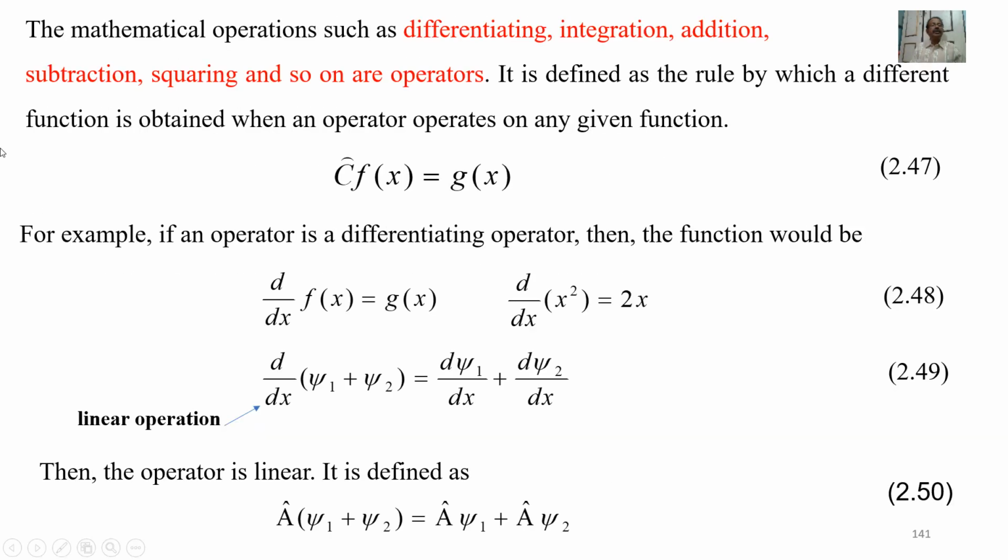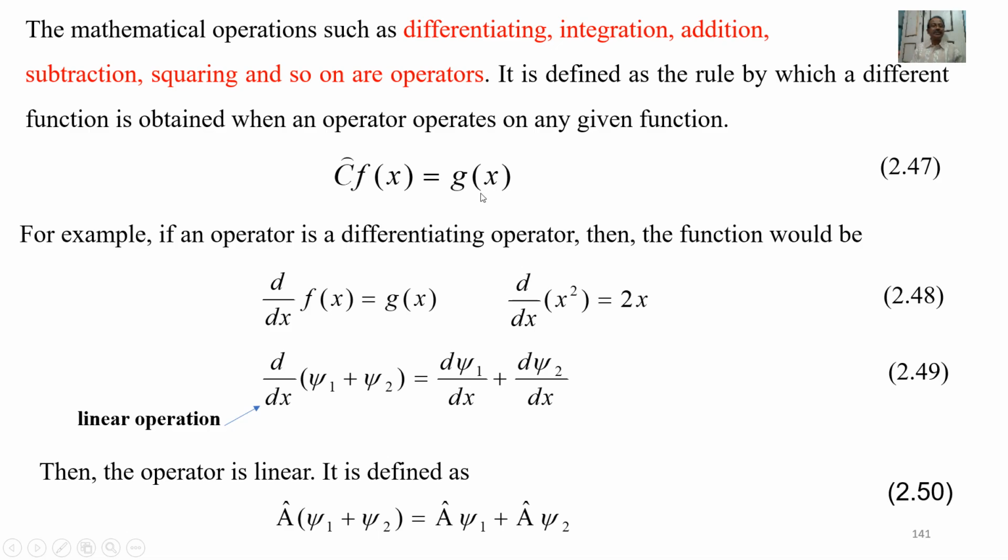The mathematical operations such as differentiation, integration, addition, subtraction, squaring, all those things are called operators. An operator is defined as a rule by which a different function is obtained when the operator operates on any given function. So an operator operating on a function f of x will give us another function, g of x.